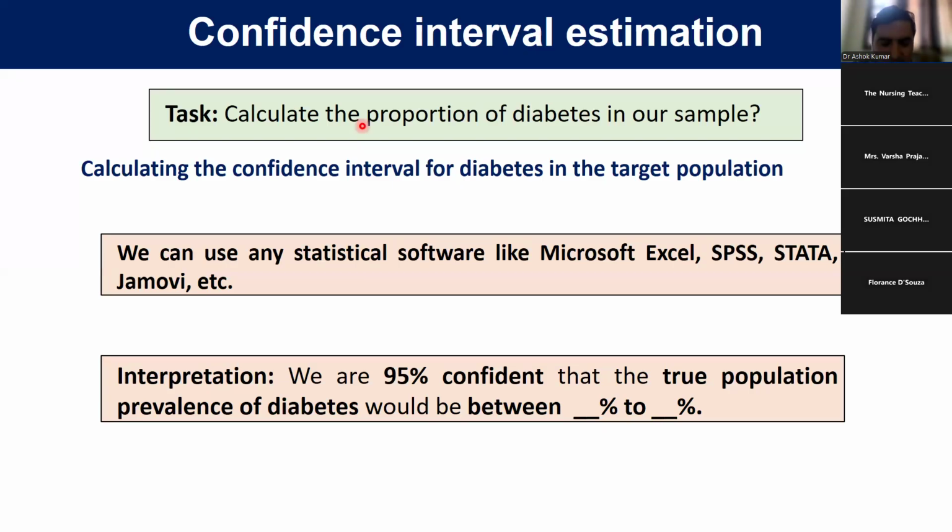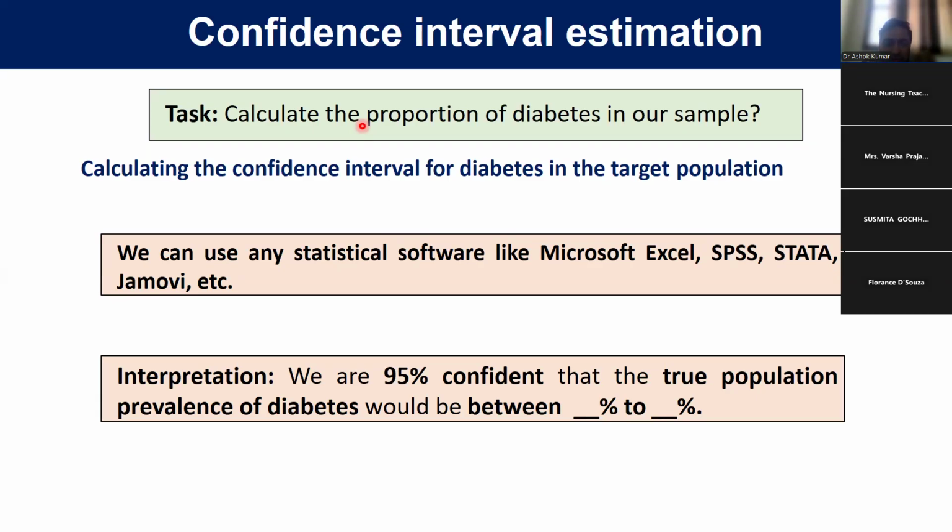Yesterday I shared one data sheet, and in that data sheet there is diabetes yes and no. If I want to calculate proportion, yesterday we calculated the proportion of diabetes, the percentage of diabetes. Okay, that is descriptive statistics. Today we are going to do inferential statistics, and in inferential statistics, we want to estimate the confidence interval of that proportion.